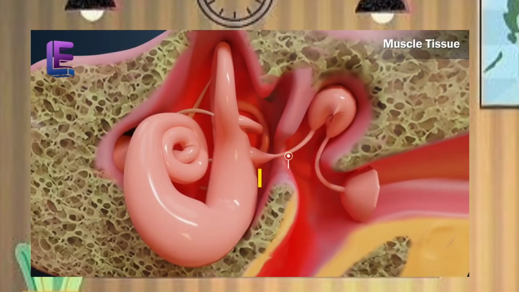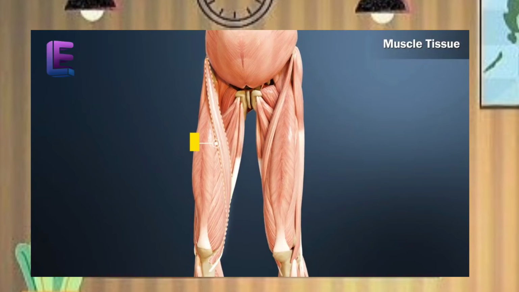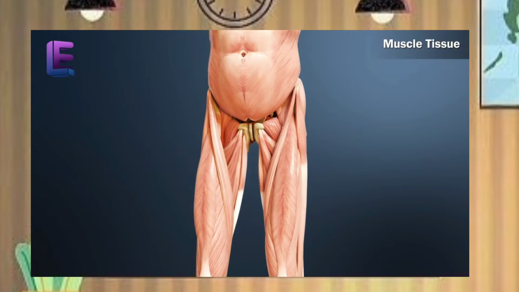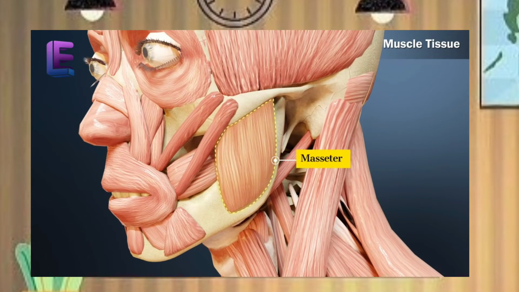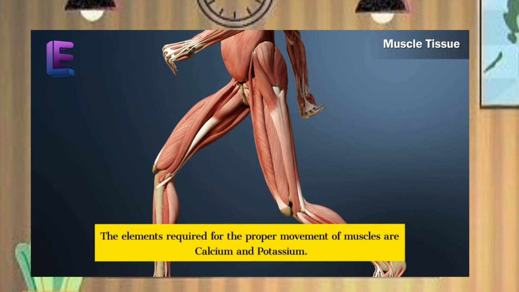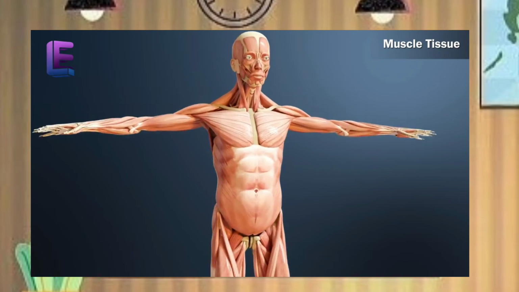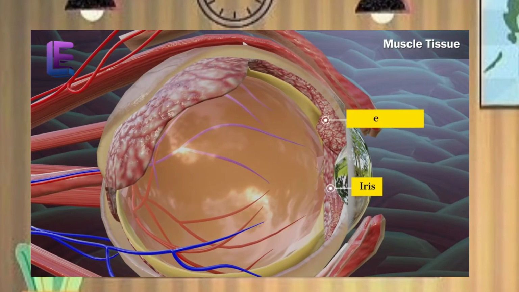The smallest muscle is the stapedius. The longest muscle is the sartorius. Strongest muscle is the masseter. The elements required for the proper movement of muscles are calcium and potassium. Muscles are mesodermal in origin. However, the iris and ciliary muscles are ectodermal in origin.